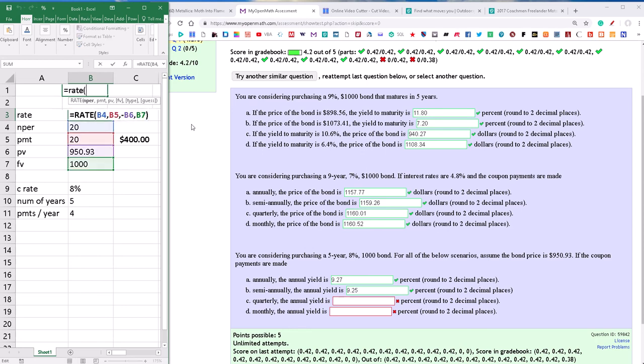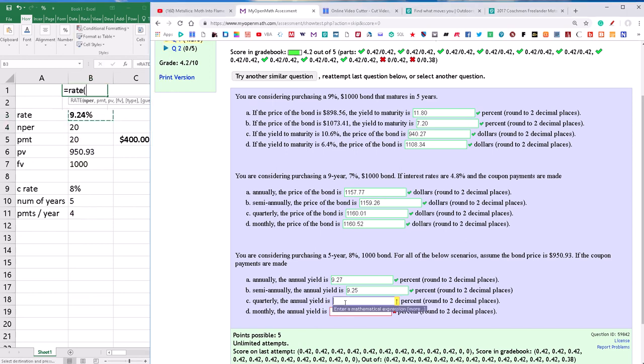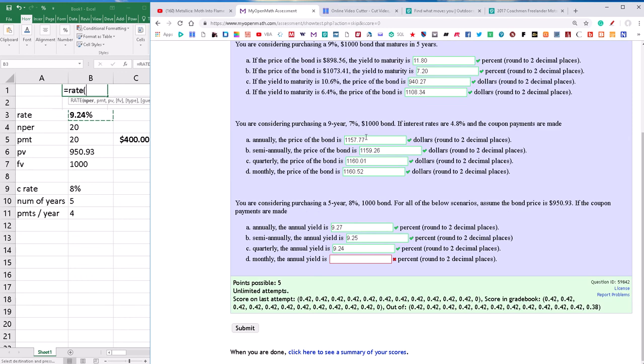If we annualize this by multiplying by 4, we get 9.24%. Notice the yield is falling. That's because the price is rising, right? Where prices and yields or interest rates are inversely related.